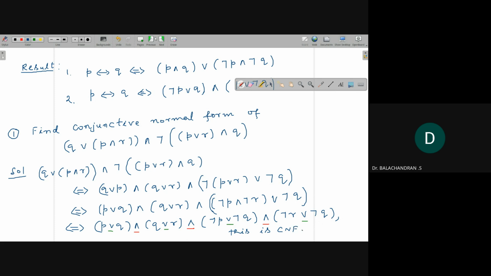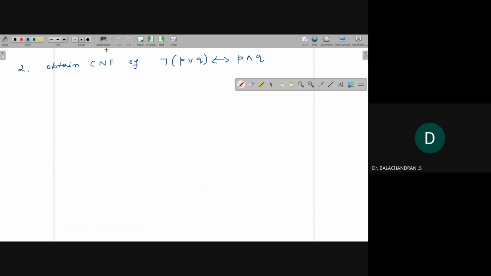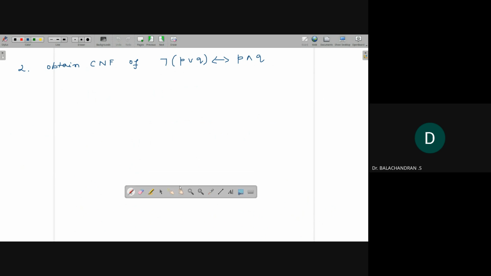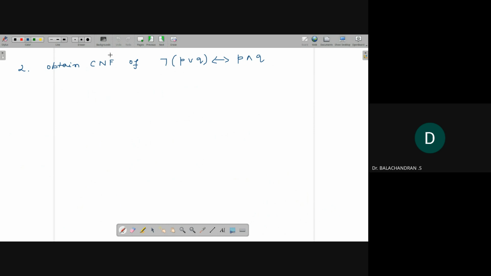Okay. So second problem: obtain the CNF of negation of (P or Q) biconditional (P and Q). So solution.